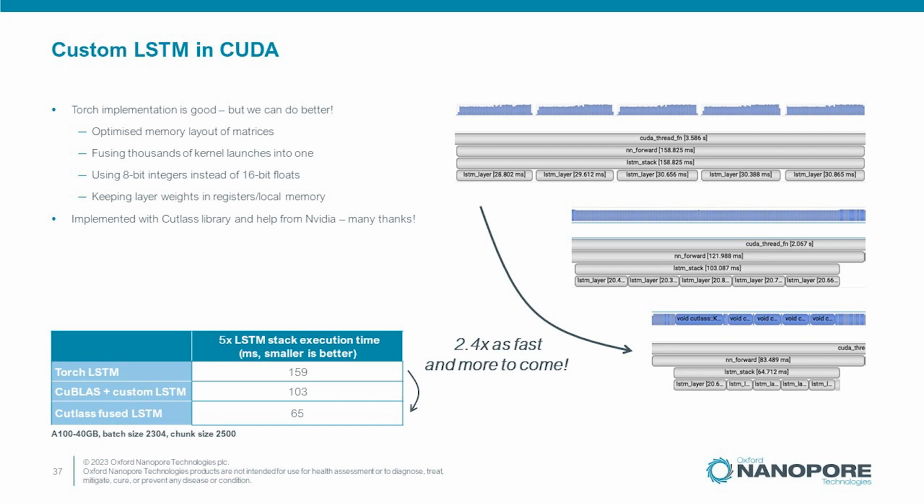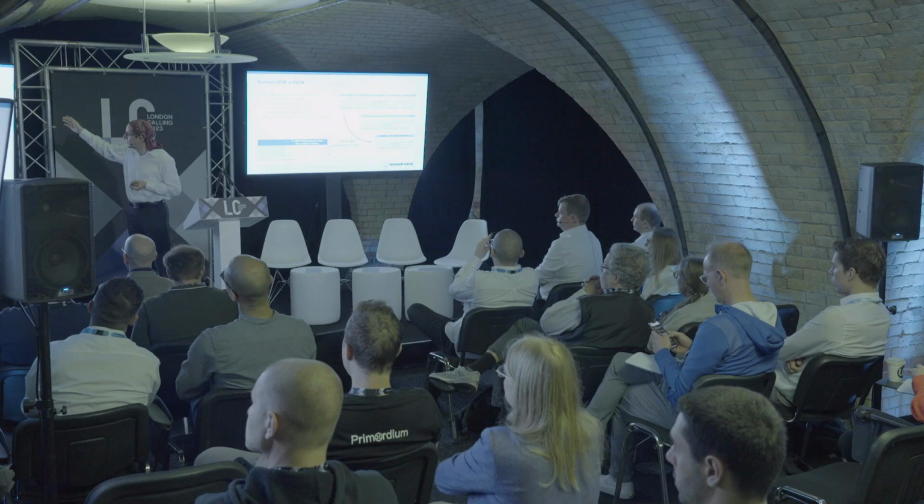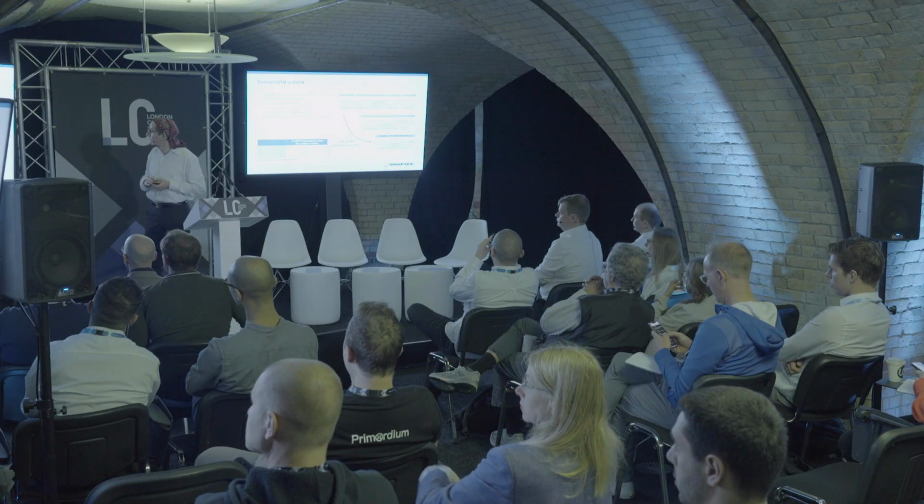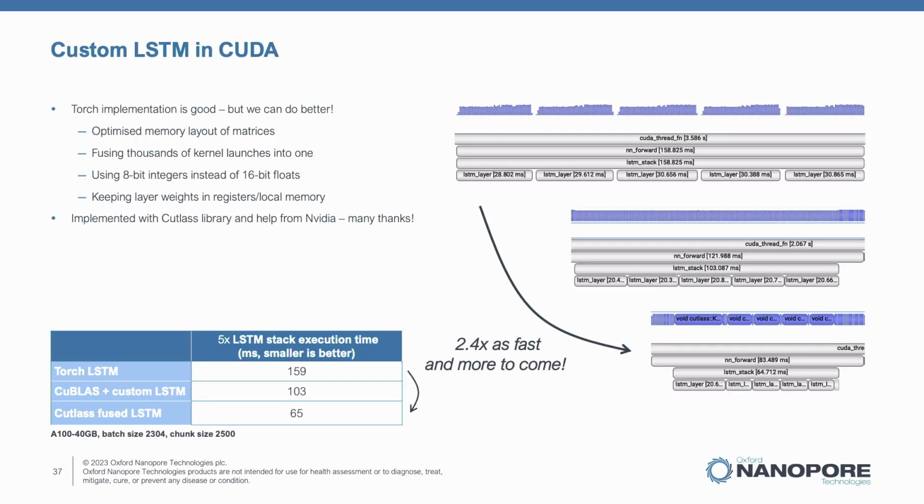This takes about 159 milliseconds for this specific example. We have an improved version where we used optimized matrix layouts. We used cuBLAS as a matrix multiplication library, and that improved our runtime to 103 milliseconds, so that was massively faster.